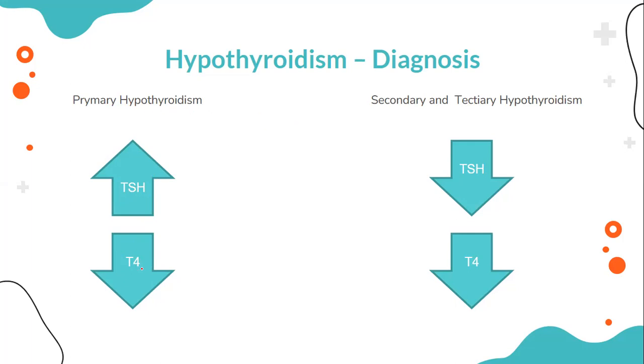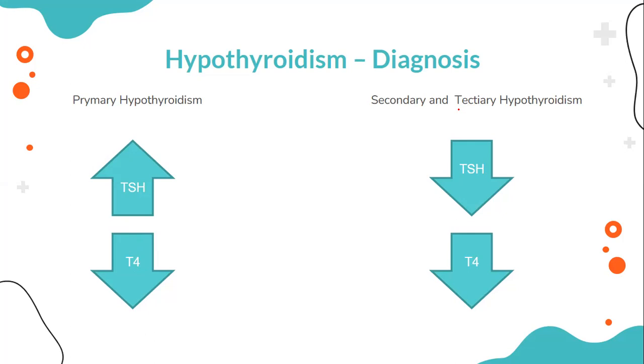Since the gland is not functioning normally, it would need stronger stimulation through the TSH. So that is why the TSH is increased. However, since the problem is in the gland, it does not work properly, so it produces lower levels of T4.